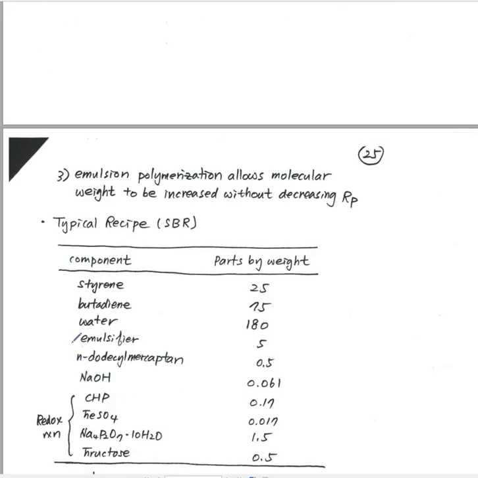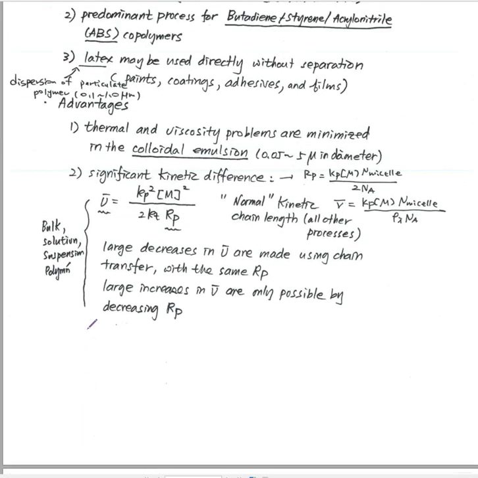So let's go back. So the advantages of this emulsion polymerization include similar, right? Thermal and viscous problems are minimized because we are using water as the reaction medium. Okay, but the kinetics are different.